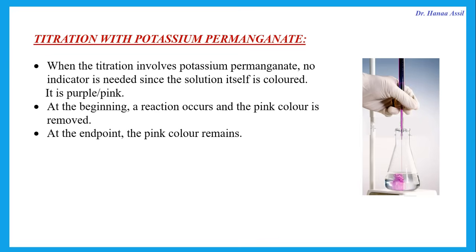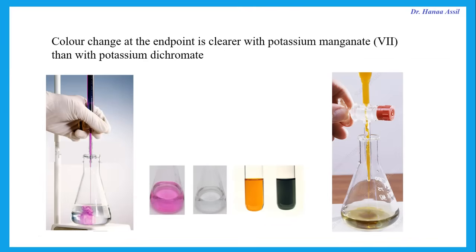As I add the potassium permanganate, it reacts and the pink color becomes colorless until all the solution in the flask has been reacted. Then the drop of potassium permanganate added after that remains, so my end point is a pale pink color.